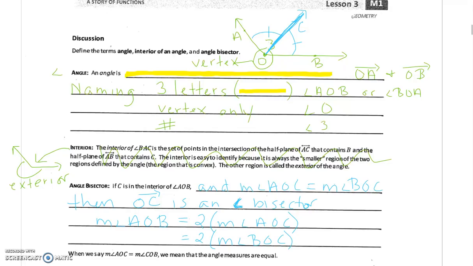Or you could write it in a different way. You could say half of the big one, AOB, is equal to angle AOC. Running out of space.